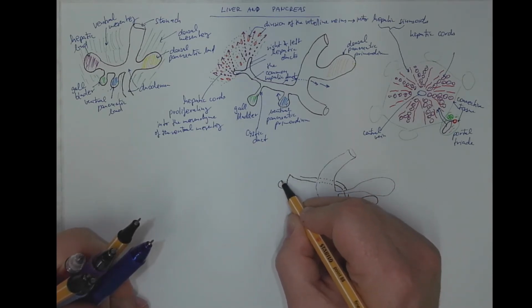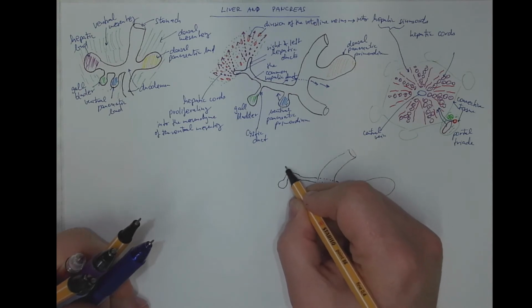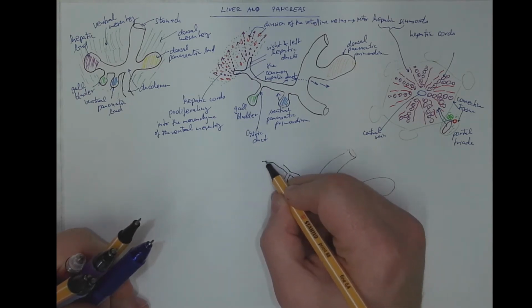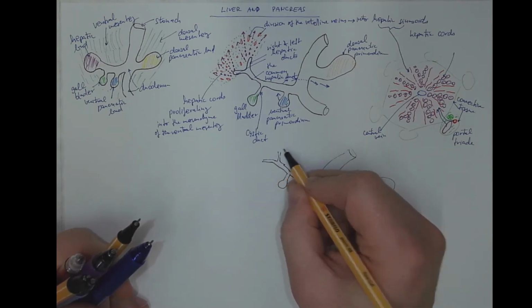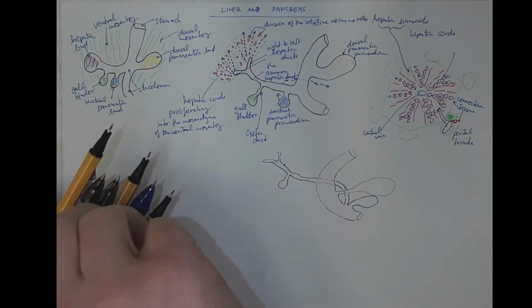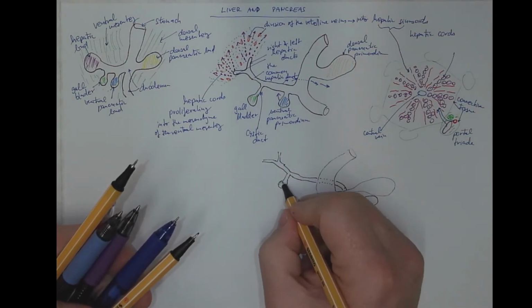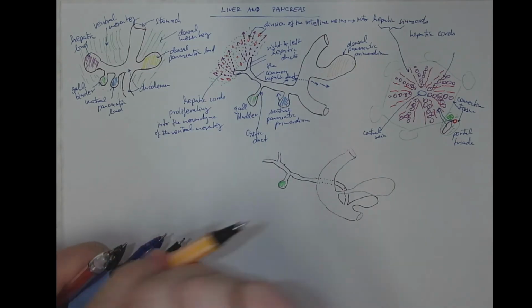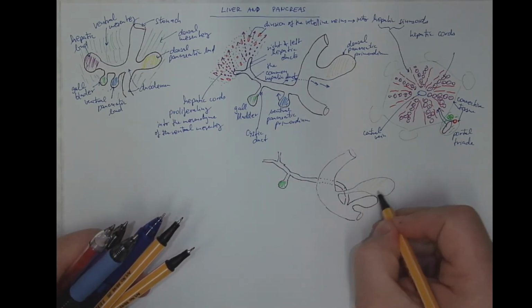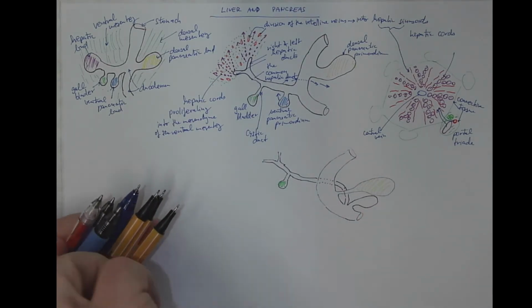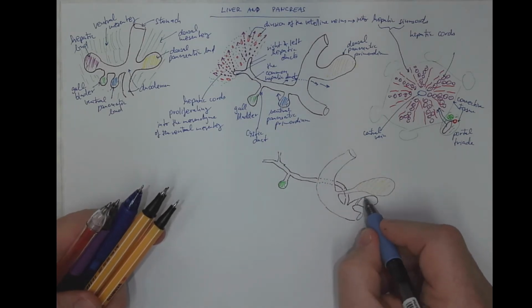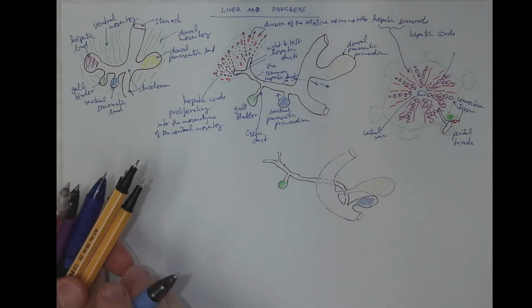Here is the cystic duct, the common hepatic duct, and the right and left hepatic duct with the liver, etc. So this is the gallbladder, the dorsal pancreas, and the formerly ventral pancreas.